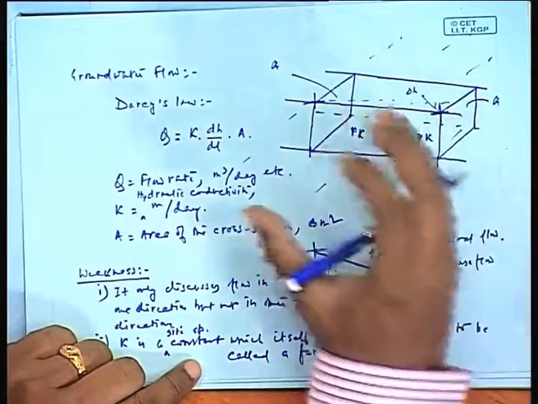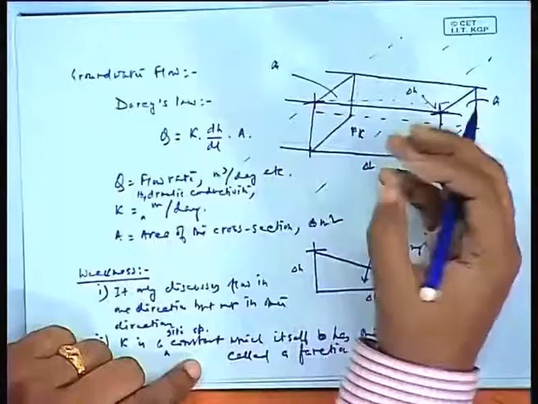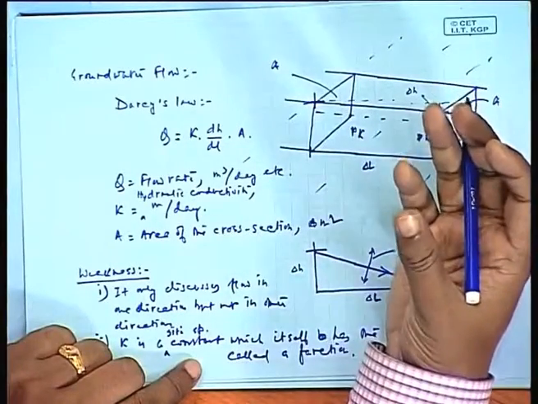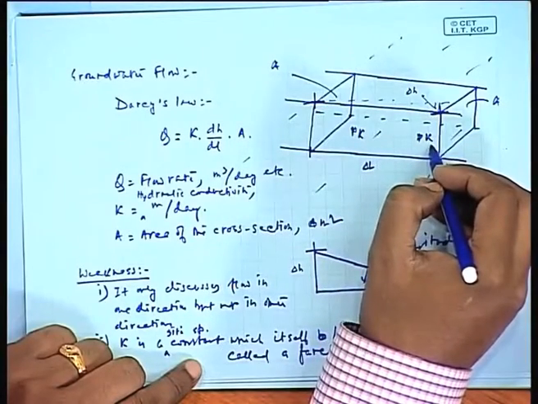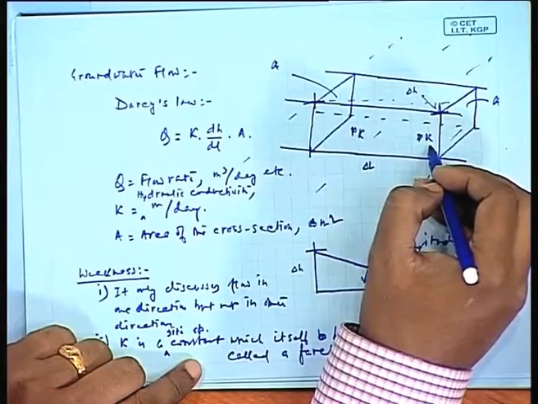But if you just think of an aquifer, in most geologic materials, in most natural materials, anisotropy is quite common. Disparities are quite common. So you can very well see that this k would not remain constant in all cases.